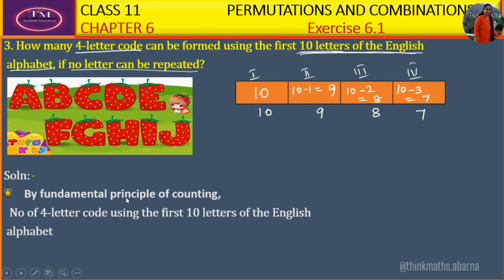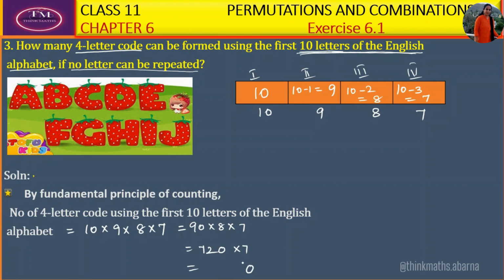So therefore, by the fundamental principle of counting, the number of 4-letter codes using the first 10 letters of the English alphabet is 10 into 9 into 8 into 7. So what is 10 into 9? 90. 90 into 8 into 7. What is 90 into 8? Put a 0. 9 8s are 72 into 7.